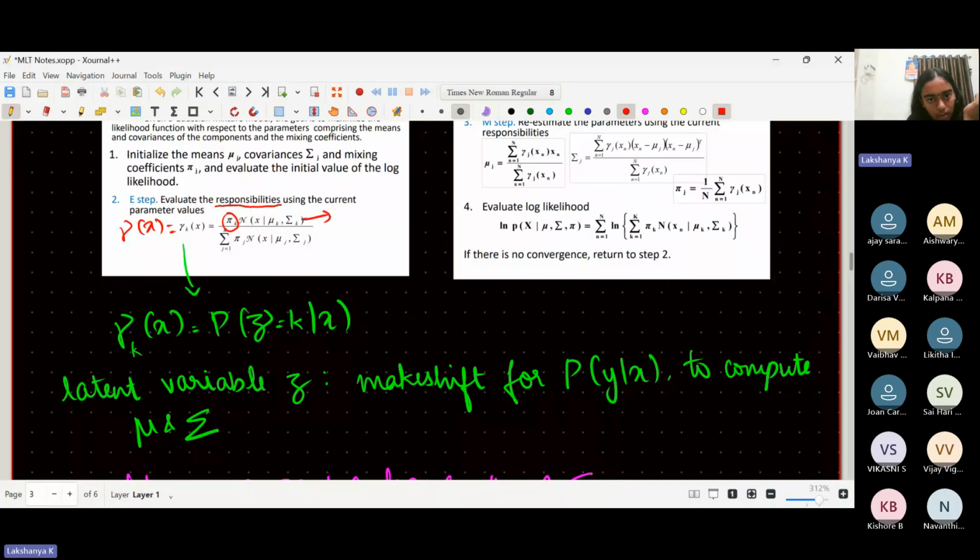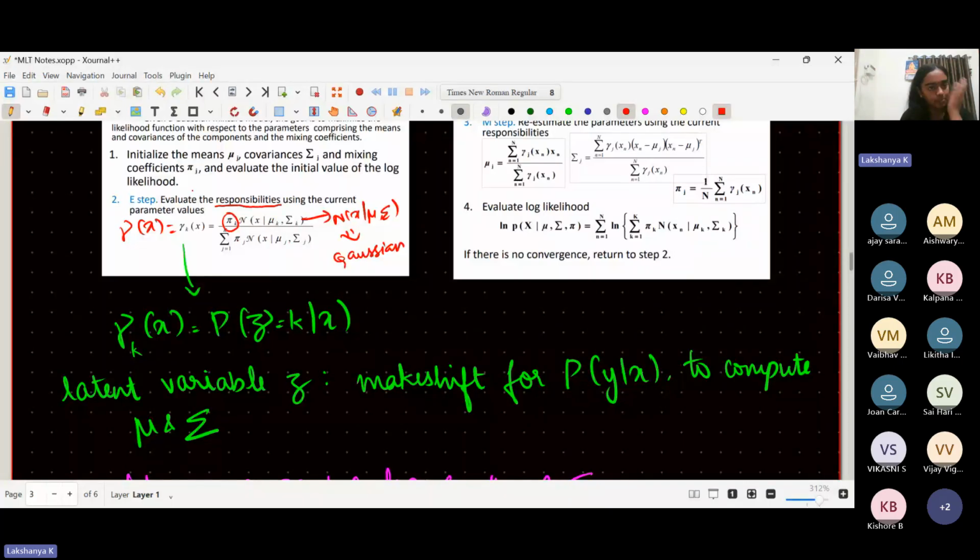This N of x given mu, sigma is nothing but your Gaussian PDF, the big expression which I showed you on the previous page. The responsibility for a particular class and data point is defined as pi k, a weight for that class, into the Gaussian PDF for that point for that class, divided by weight into Gaussian PDF for that point for all classes.